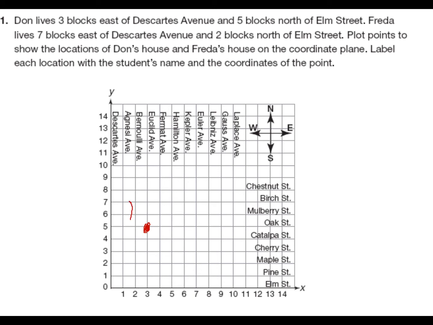Alright, so that's Don. His friend Frida lives 7 blocks east and 2 blocks north of Elm Street. So 7 and 2, come up 2. Alright, that's Frida. And we want to know the distance between their 2 houses.